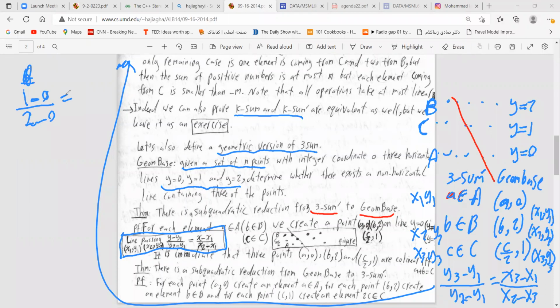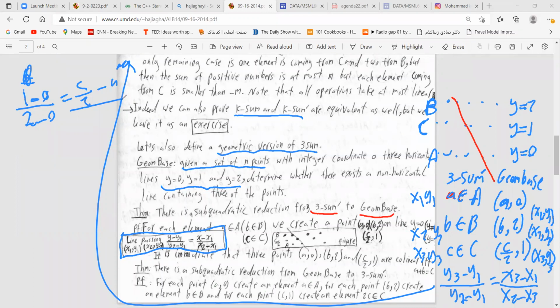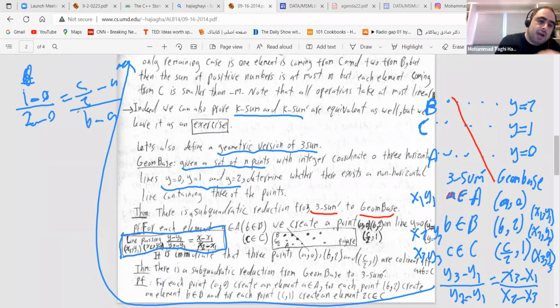C over 2 minus A. Yeah, C over 2 minus A. What about x2 minus x1? That would be B minus A. Good. Yes, I guess it should be x2 minus x1 instead. Sorry, yes, you're right. Thanks.